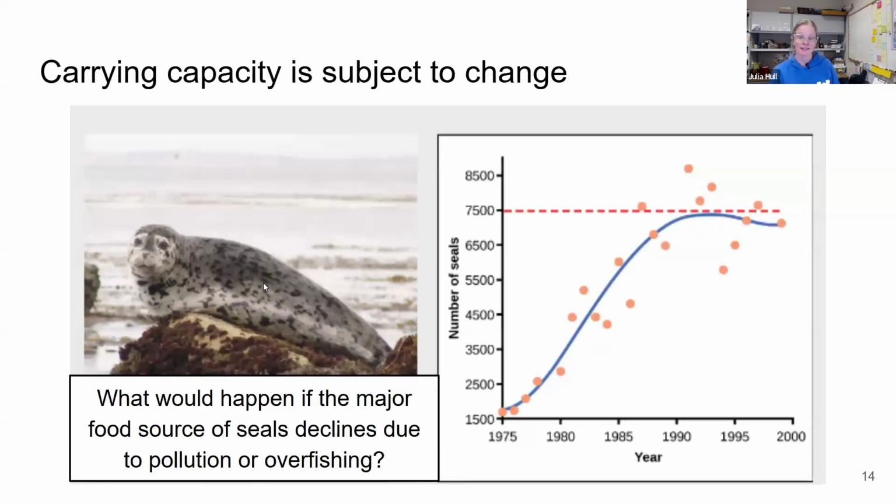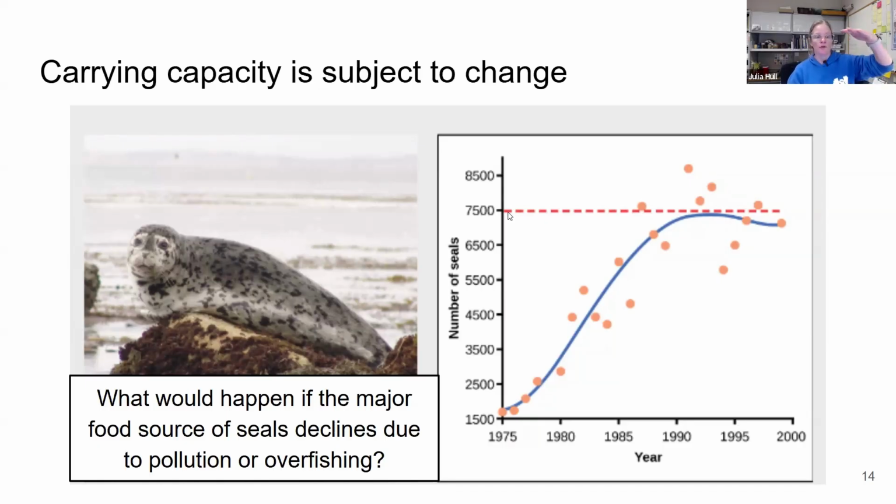Now, carrying capacity is not a fixed number. In fact, carrying capacity, how many individuals an environment can support, is dependent on those environmental conditions. So for example, for these seals, at the time and the location when these data were collected, the carrying capacity was about 7,500 seals.